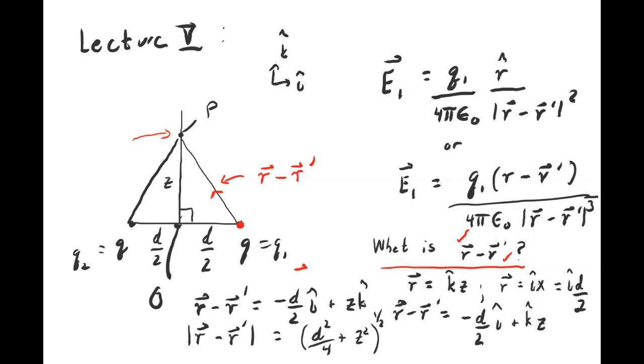So I'm now in the position to write down an expression for the electric field due to Q1. E1 is Q times minus d over 2 i hat plus k hat z, all of this upstairs in the numerator.